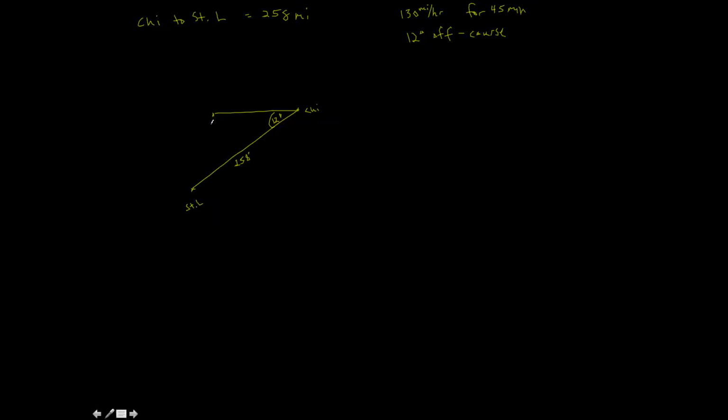So what we want to know is, if she corrects her course and maintains her speed, how much longer will the flight take? We need to know this distance so that we can figure that out. Well, we've got a side and an angle. Believe it or not, we can find this other side because of this little bit of information right here.